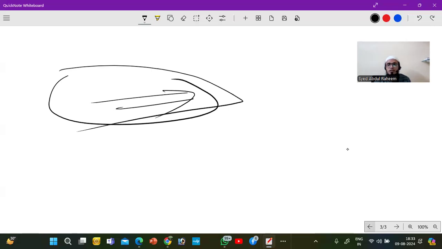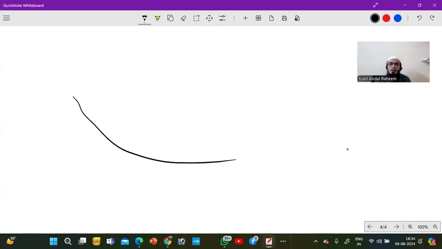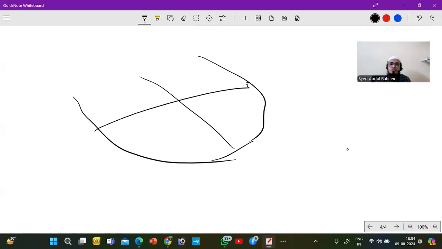Okay, so we know that this is the heart. We know there are four chambers and valves: the tricuspid valve, the bicuspid valve, the pulmonary valve, and the aortic valve.